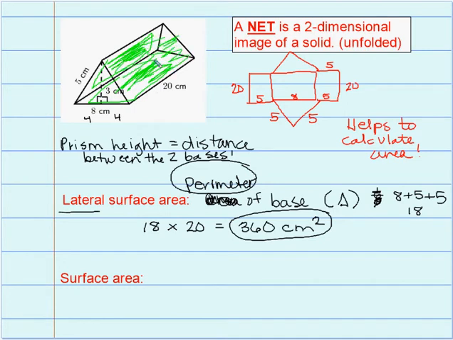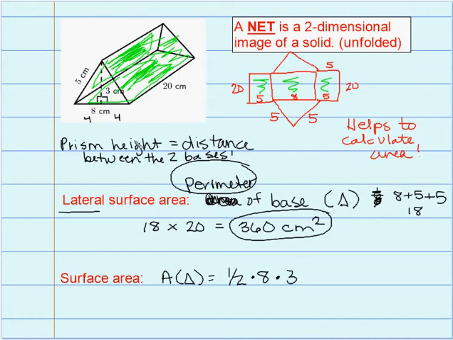What we need now are the area of the two triangles. So area of a triangle equals 1/2 base 8 times its height 3.